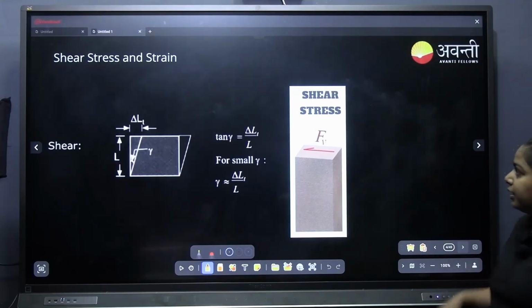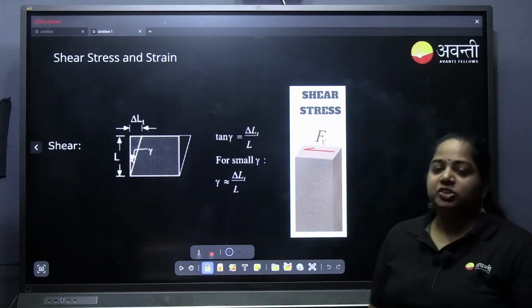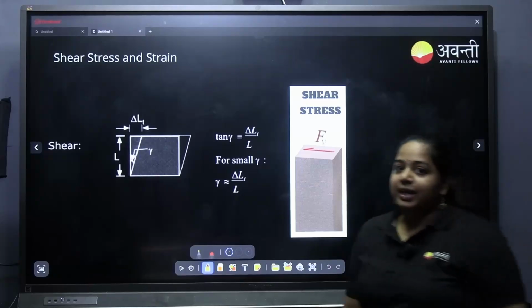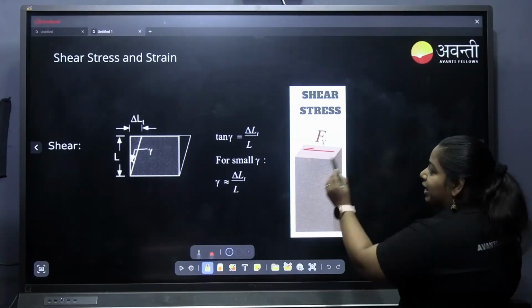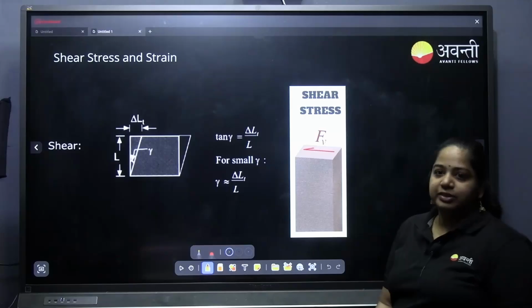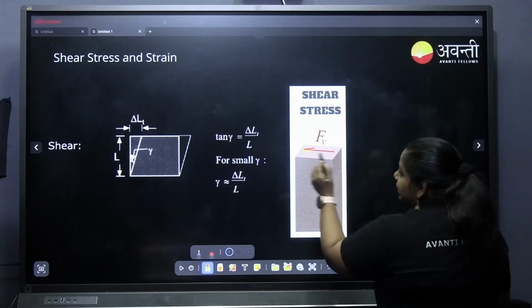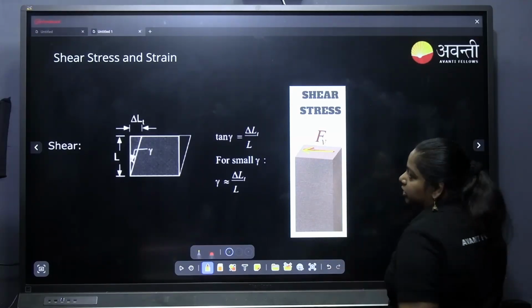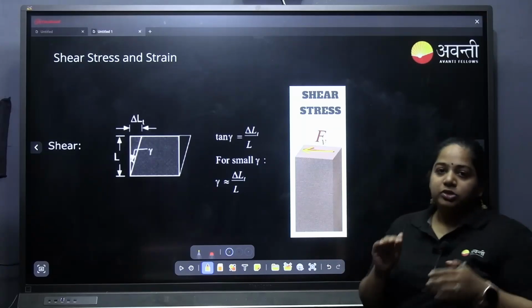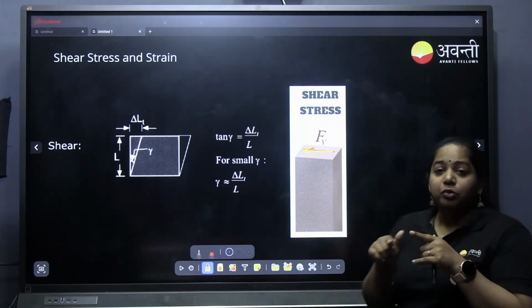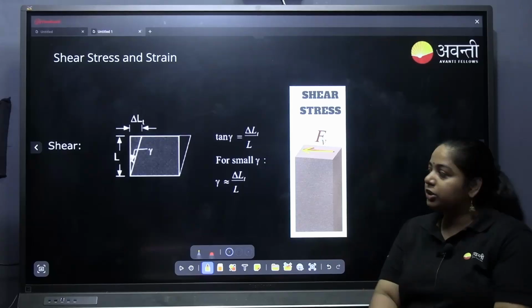Coming to the next, that is shear stress and strain. For shear stress, the force is applied tangential to the surface. As you can see here, this is the direction of force. There is a surface and the force is acting tangential to it.